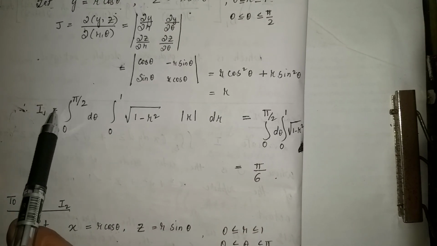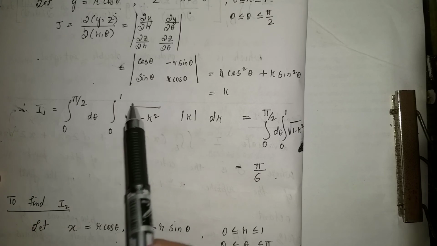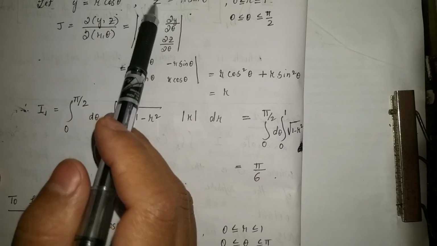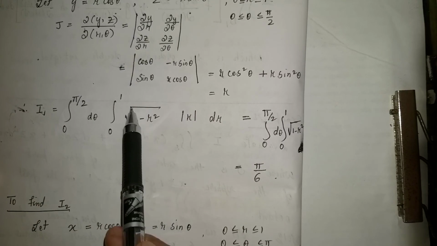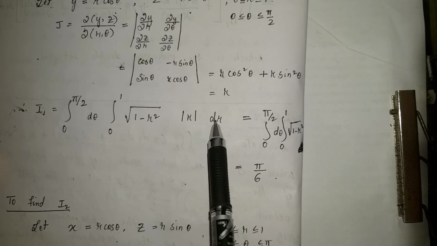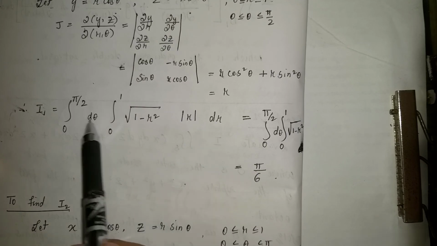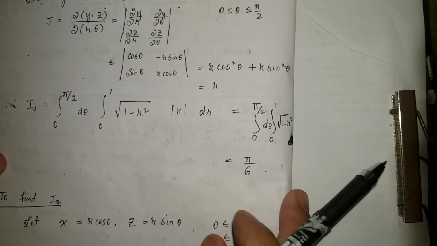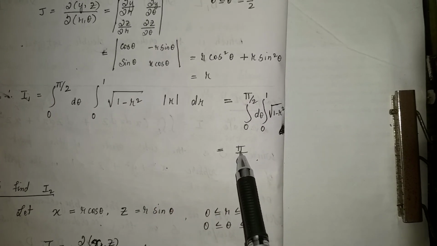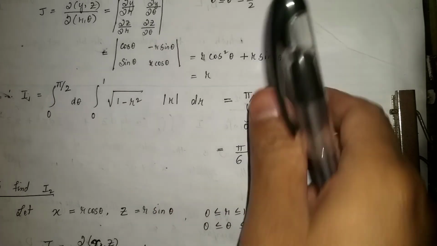Then your I1 is equal to, substituting these values of y and z, you are going to have this, then the modulus of the Jacobian, dr and d theta. After evaluation, you'll get I1 equal to pi by 6.